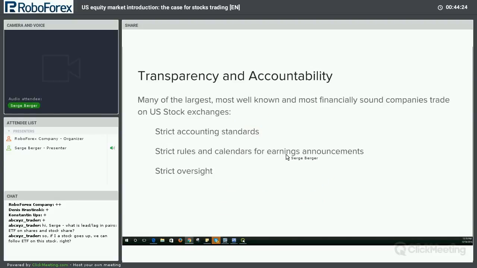Transparency and accountability. Many of the largest and most well-known companies in the world, and the most financially sound companies trade in the United States, where we have strict accounting standards, strict rules, calendars for earnings announcements, and so on and so forth, and very strict oversight in general.